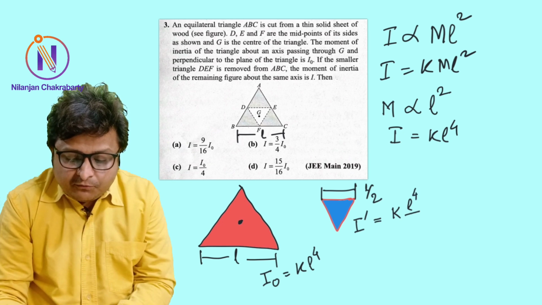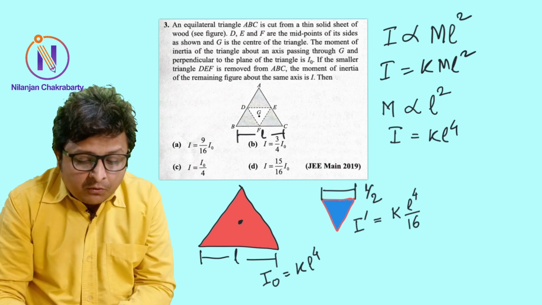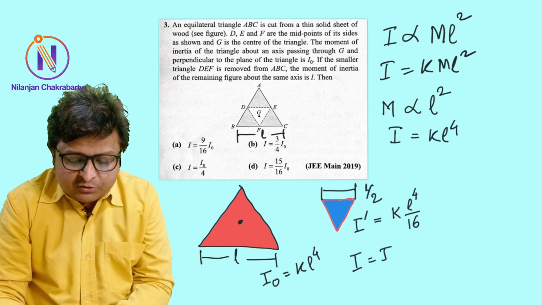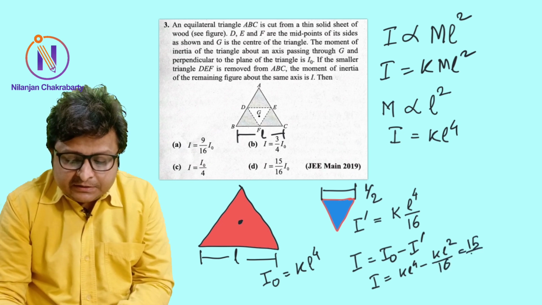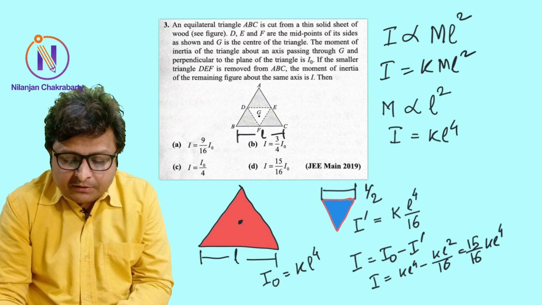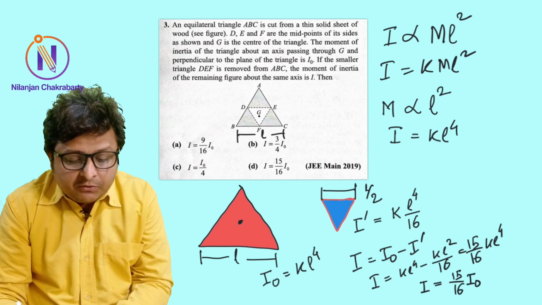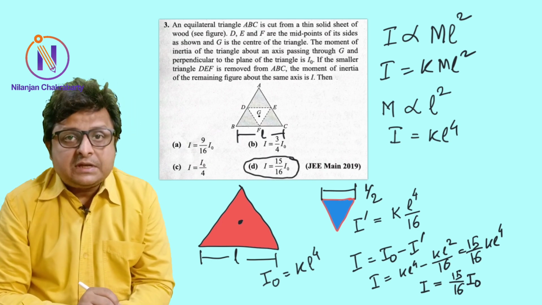For the removed portion, call it I prime, I prime equals k times (L/2) to the power 4, which is L to the power 4 by 16. By superposition, the remaining portion I equals I naught minus I prime, so I equals kL⁴ minus kL⁴/16, that is 15/16 kL⁴. So from here, I is equal to 15/16 times I naught. I think you have got an option here.